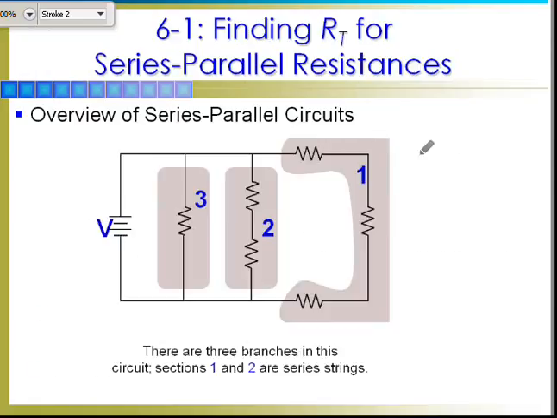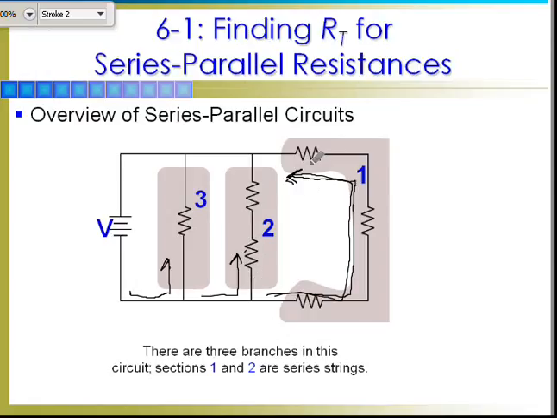Okay, this is a typical example of a series parallel. In this case, the overall circuit is parallel, in that you have multiple paths for current to flow. In branch 1 here, you have a 3-resistor string. In branch 2, you have a 2-resistor string.